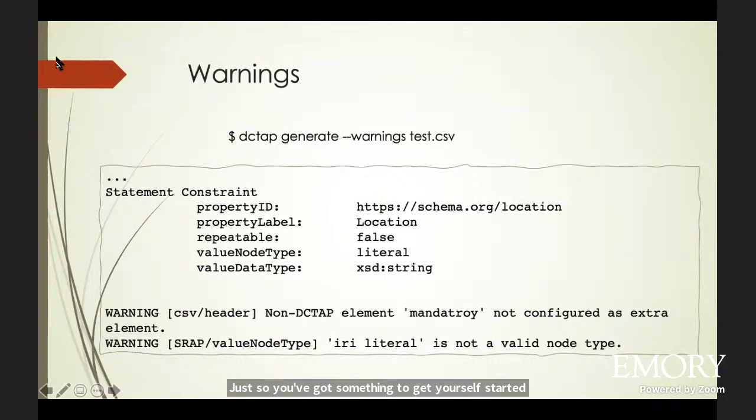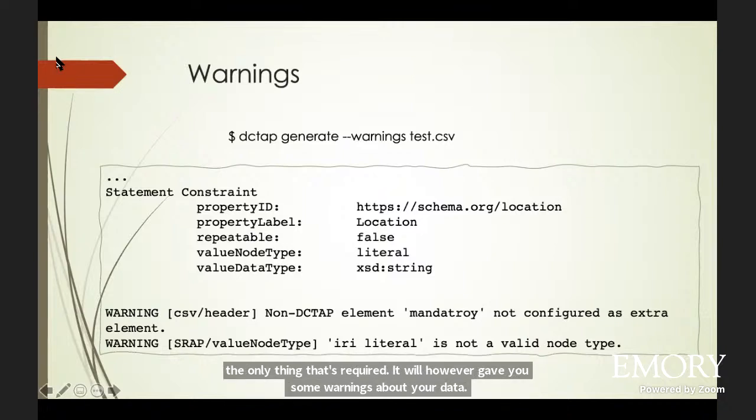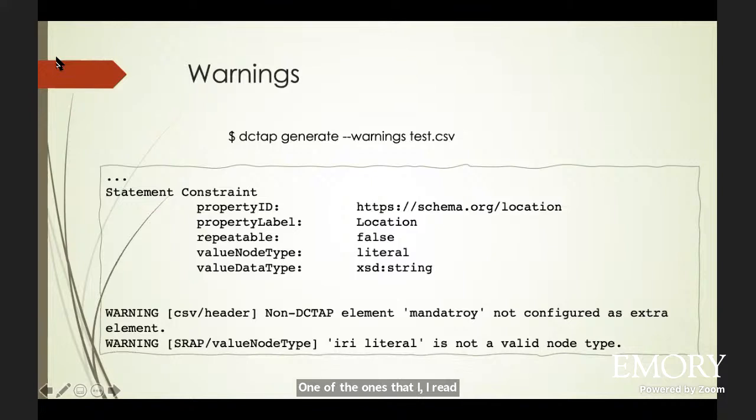At this point, the program only stops if you have no property ID, because that's the only thing that's required. It will, however, give you some warnings about your data. One of the ones that I really wanted was any column header that isn't known, because the chances that people will typo the column headers are pretty high.